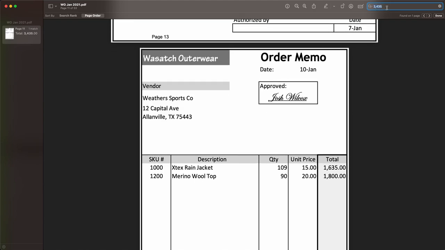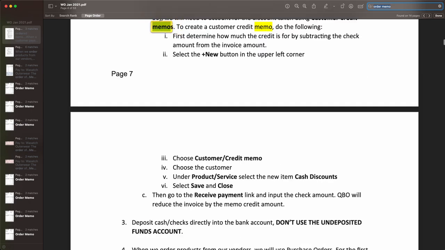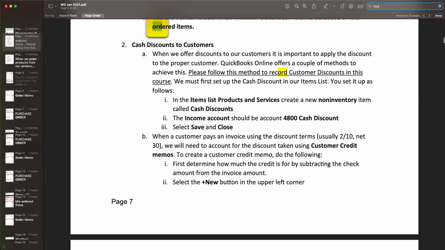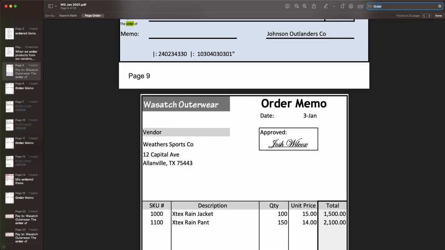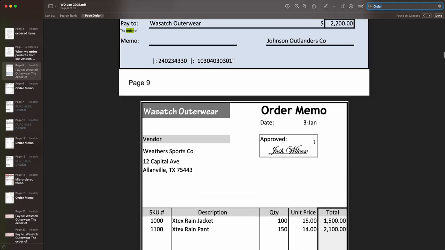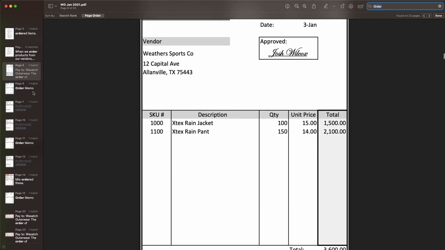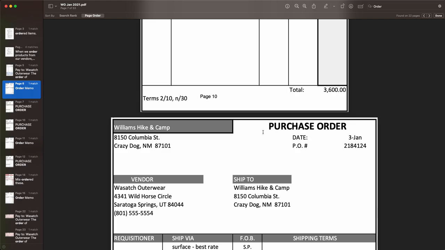So order memos. Okay, so here's an order memo. Our first one, January 3rd, for 3,600. We have the 3,600.